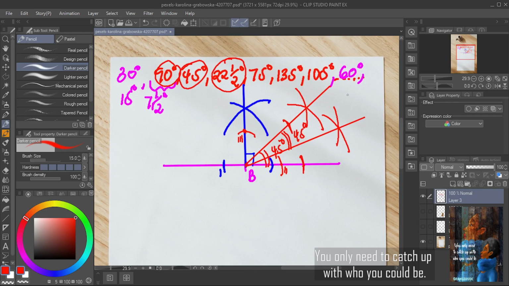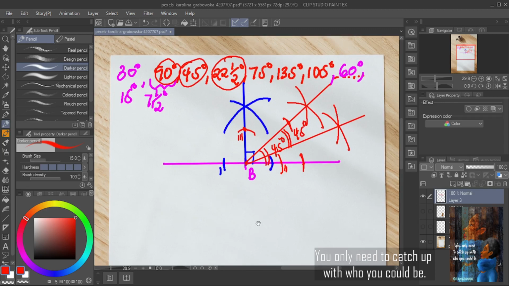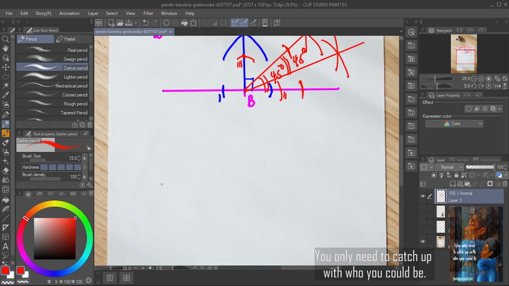Now, these are derivatives of the 90 degrees, but we also have angles which are derived from 60. 90 and 60 are the two primary angles from which most of these angles come from. So let's say I have a similar line that way, and then I have a point B somewhere there, and then I want to construct 60 degrees. What I do, I will stand at point B, and then I will make an arc that way.